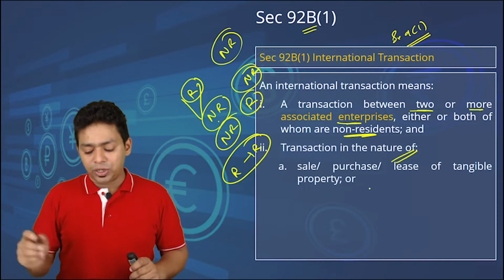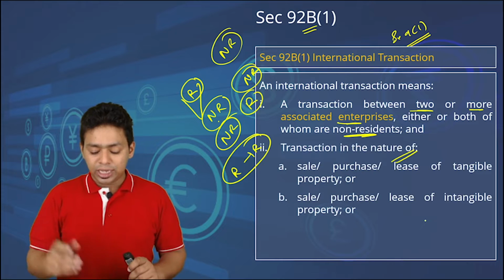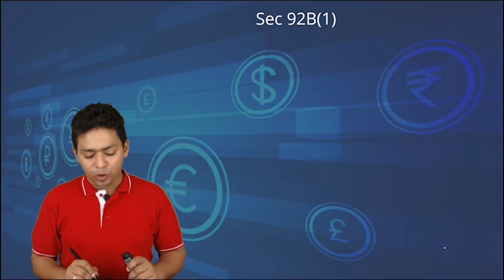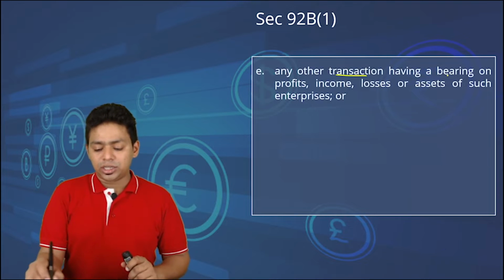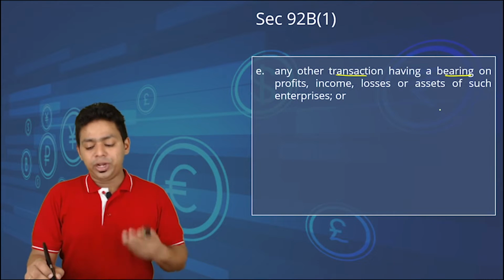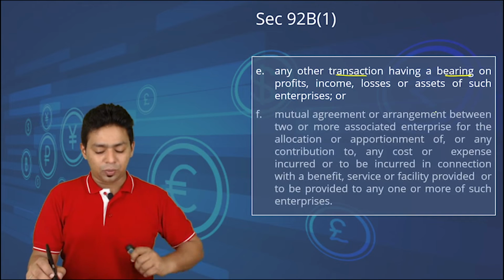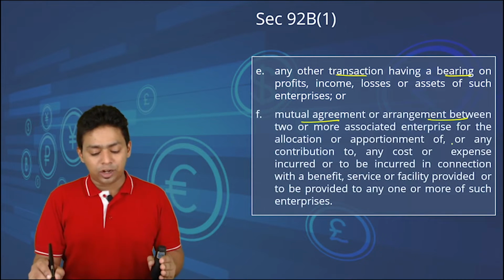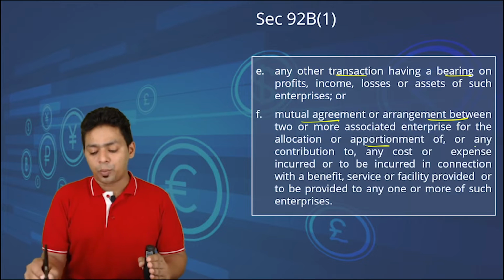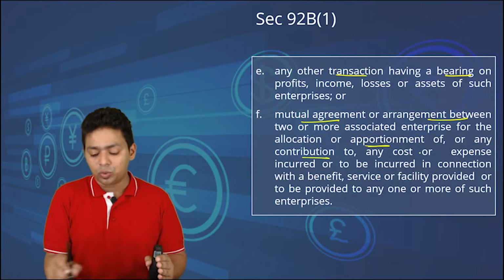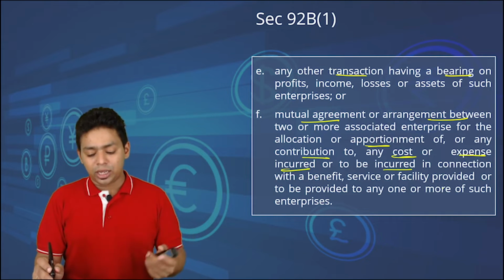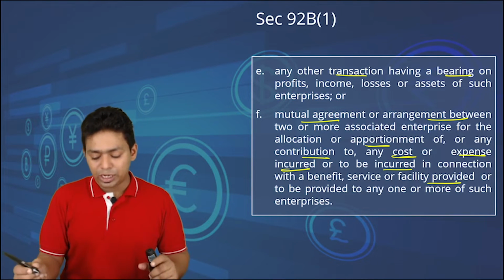Transactions in the nature of sale, purchase, lease of tangible property, sale, purchase, lease of intangible property, provision of services, lending and borrowing of money, any other transaction having a bearing on profit, income, losses, or assets of such enterprises, mutual agreements or arrangements between two or more associated enterprises for the allocation or apportionment of any contribution to any cost or expenses incurred or to be incurred in connection with a benefit, service or facility provided.